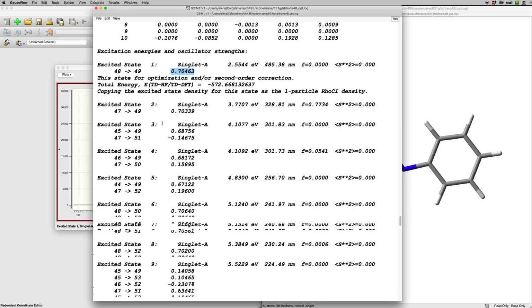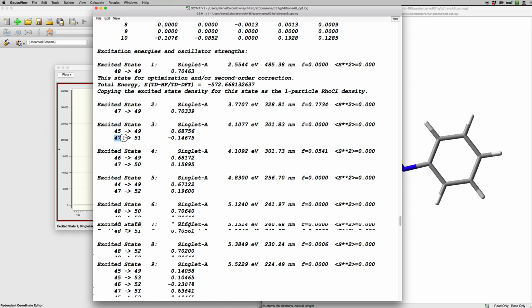Why is this important? Well, as you can see, some of the transitions, such as excited state 3, are composed of two different hole particle pairs. So for example, in this case, the excitation of one pair originates from orbital number 45, goes to orbital number 49, which is our LUMO, and this is its contribution.